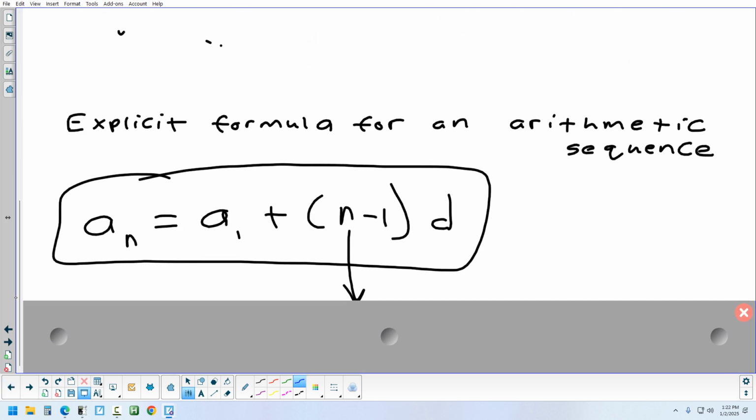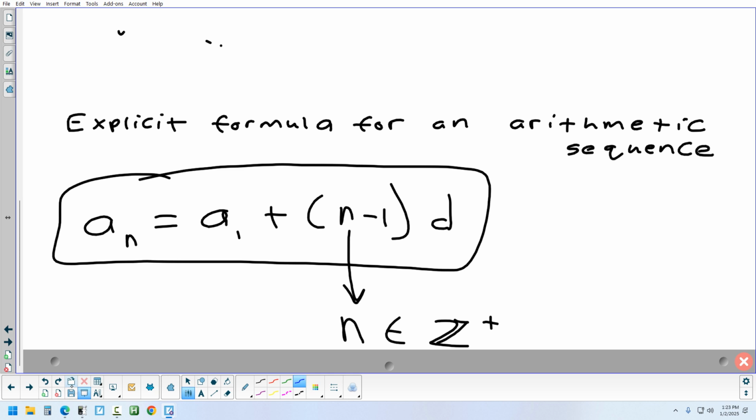Here is the formula to figure out the pattern in an explicit sequence if you are adding a number each time. The formula is the first term plus n minus 1 times d. And we're going to try that on the problem we already did.